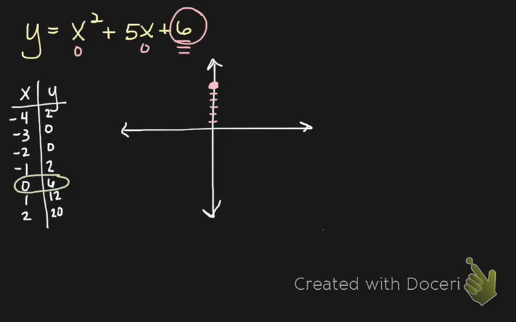Now, if we want to graph the full thing, we're going to have to rely on creating that table. So we can create the table, and we can go ahead and graph the other coordinate points that we were able to locate. So we have -4, 2, -3, 0, -2, 0, -1, 2 as well.